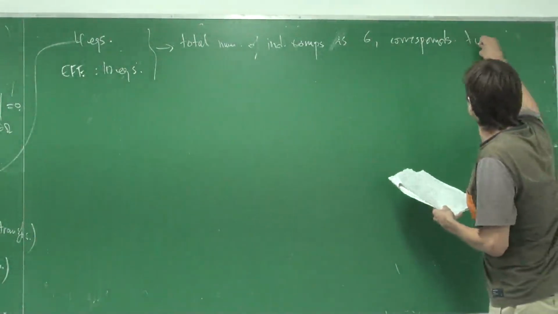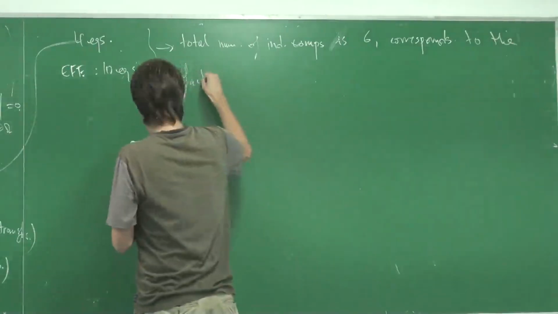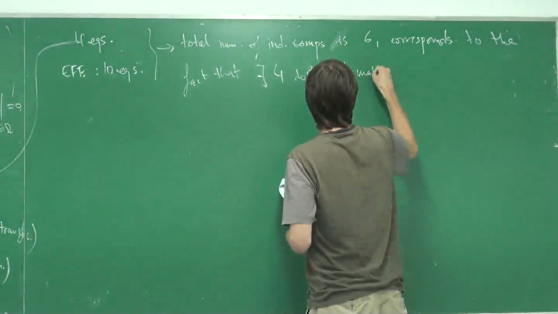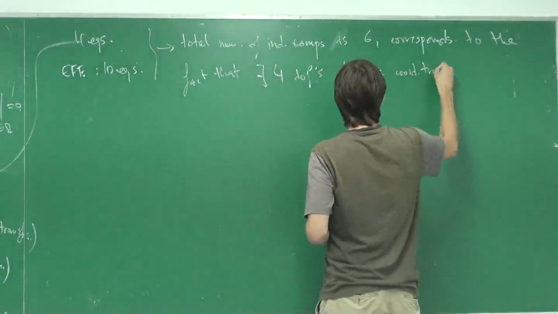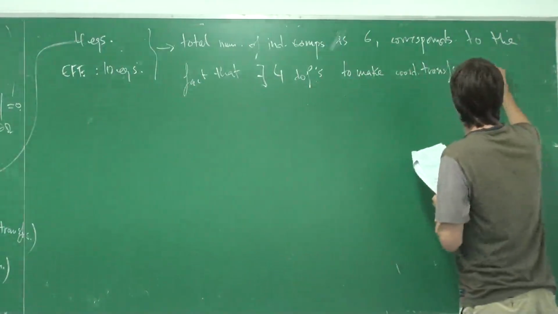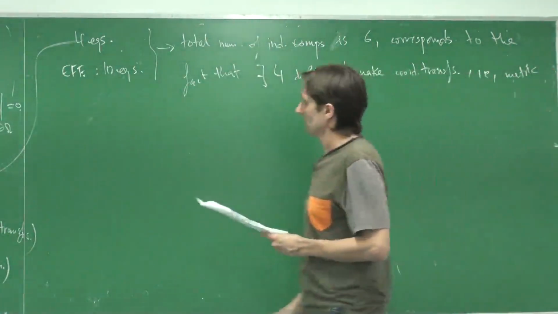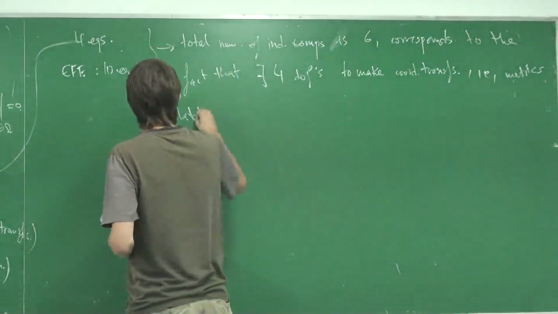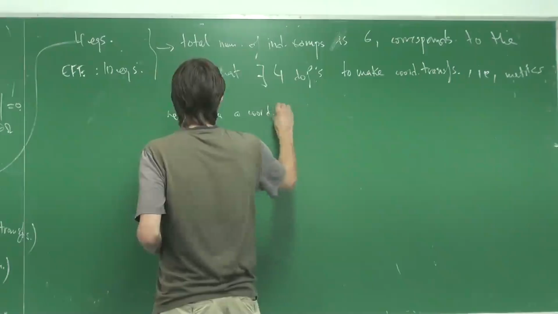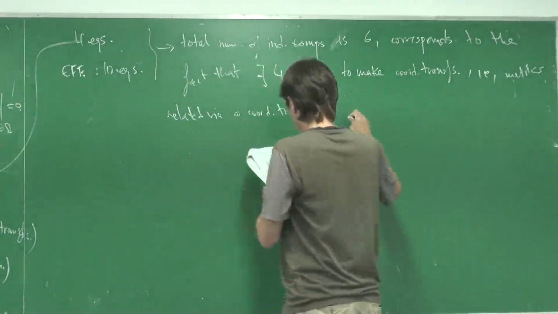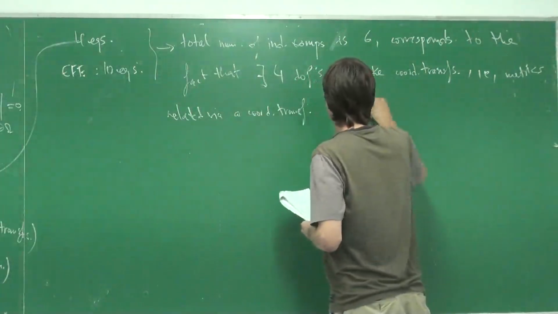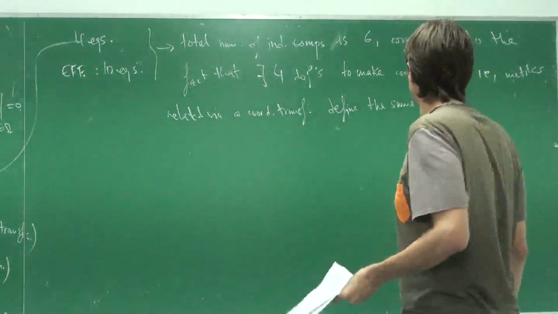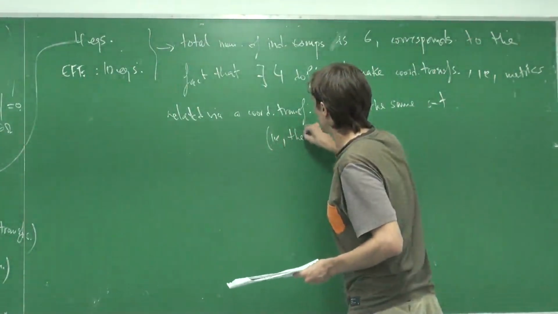It corresponds to the fact that there exist 4 degrees of freedom to make coordinate transformations, so the metric, or 2 metrics, or different metrics, which are related via a coordinate transformation, are equivalent, or define the same space-time. They're physically equivalent.